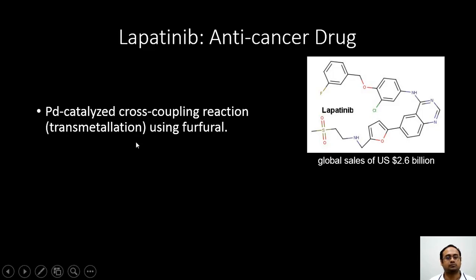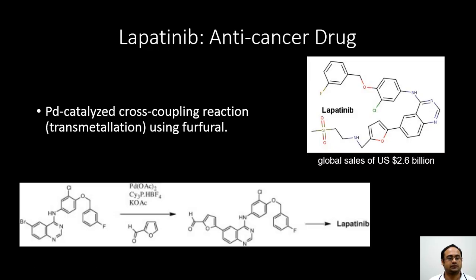These also involve transmetallation, in which this intermediate, which itself is derived from other sources, furfuraldehyde, in the presence of a palladium catalyst and some bases, results in the formation of a carbon-carbon bond between the furfuraldehyde and this compound, which is then subsequently reacted to give ultimately the lapatinib.